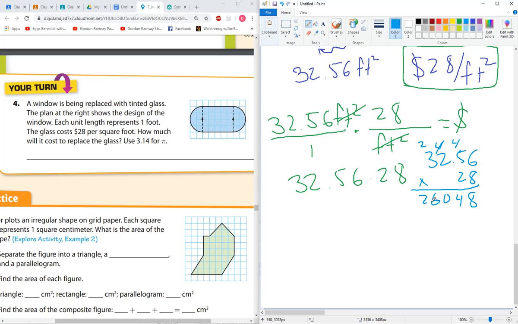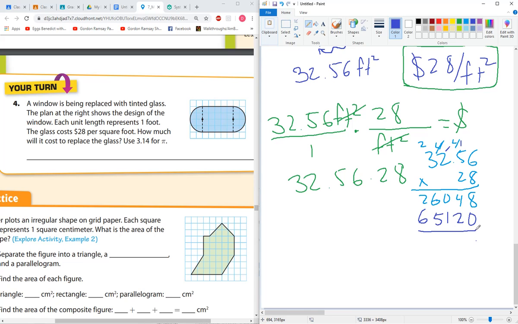Put a 0, start the next row. 2 times 6 is 12. Carry the 1. 2 times 5 is 10, plus 1 is 11. 2 times 2 is 4, plus 1 is 5. 2 times 3 is 6.